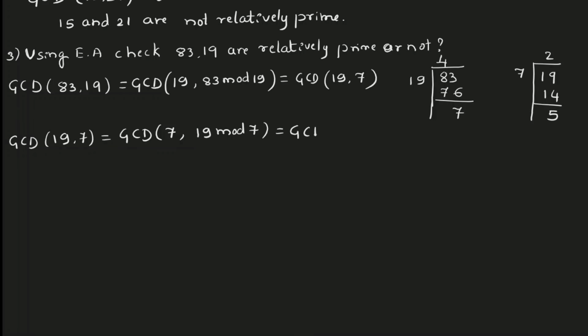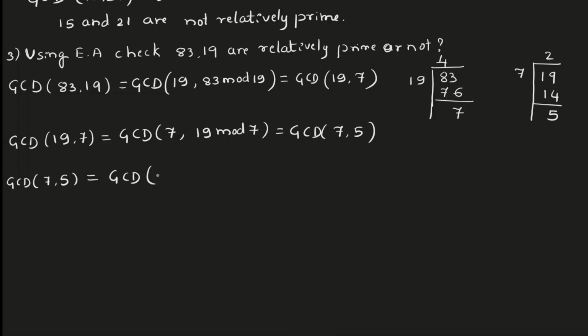So GCD of 19 and 7 is equal to GCD of 7 and 5. Next, GCD of 7 and 5 can be written as GCD of 5 and 7 mod 5.